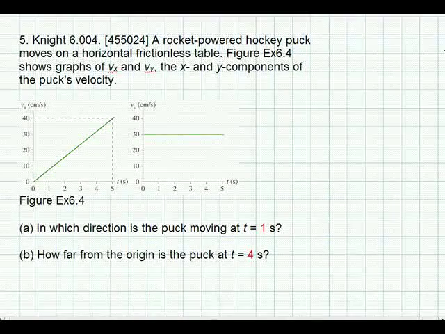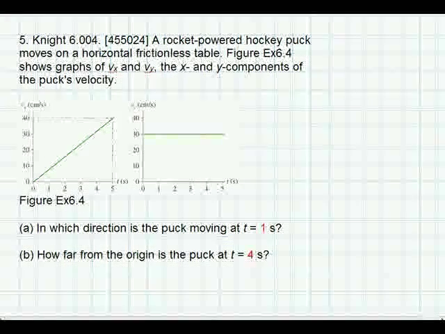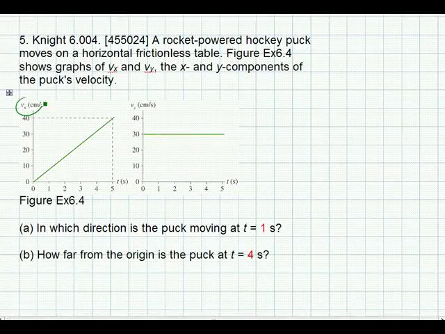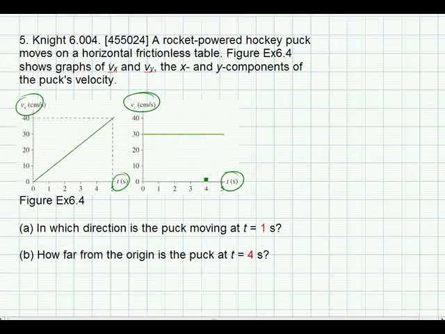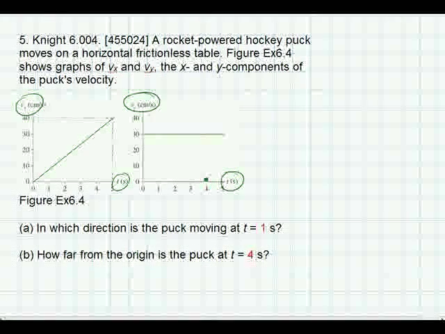Graphic analysis. We're given Vx versus time and Vy versus time for an object, and we are asked to find in which direction the puck is moving at 1 second.